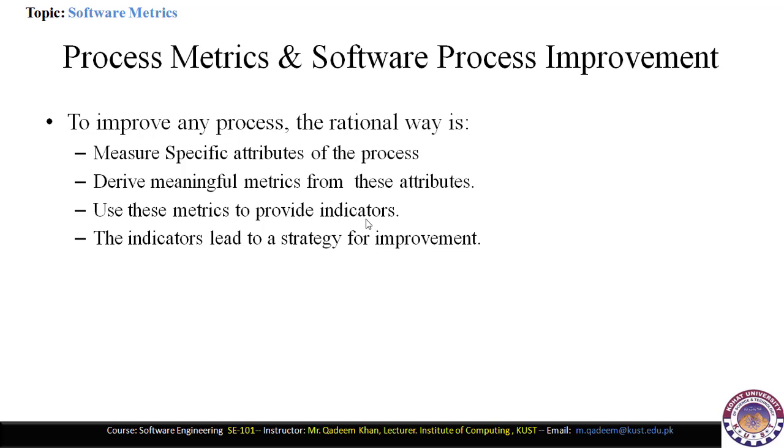So, the indicators represent which areas should be improved and what will be their results. The indicators lead to a strategy for the improvement. So indicators are certain causes or results which help us to improve the software process. For example, if we increase the training of our staff members, then automatically the productivity of the programmers will be improved. So these are the indicators for the improvement of the processes.